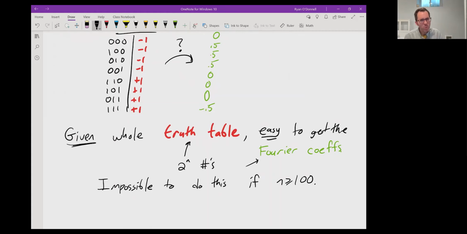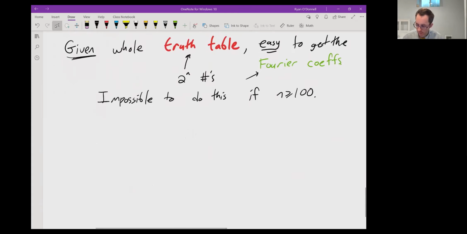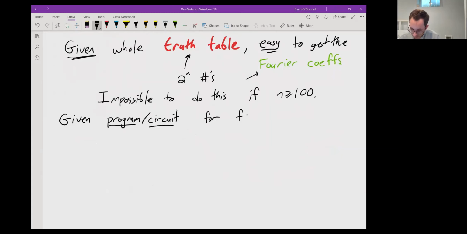But that's okay, because really in life, when you have a function that you care about, you don't normally just write down its truth table, because this truth table is enormous. Usually you have a program or a circuit that computes the function. So that's usually the sense in which you are given a function. You're given a Python program that computes it, or one of your NAND gate circuits that computes it, but you have some kind of program or circuit for a Boolean function.